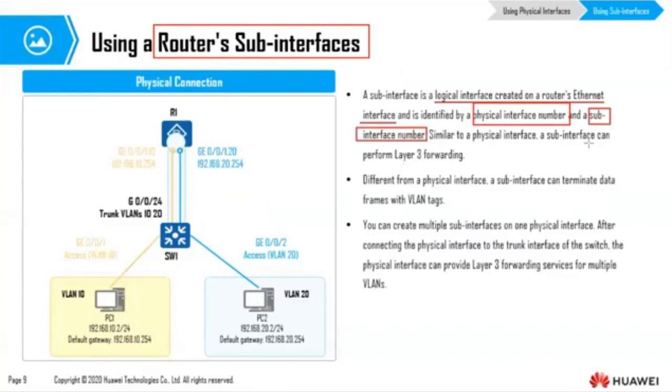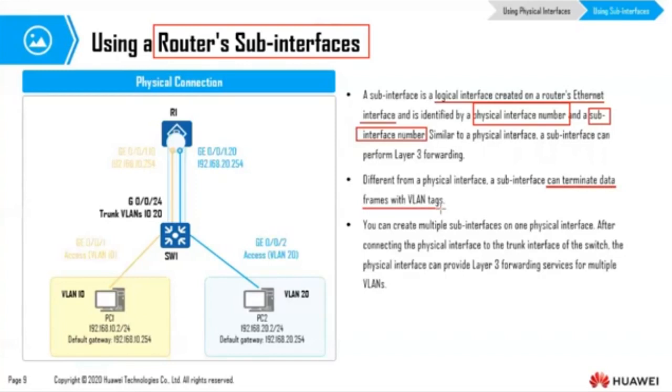Similar to a physical interface, a sub-interface can perform layer 3 forwarding. Different from a physical interface, a sub-interface can terminate data frames with VLAN tags.